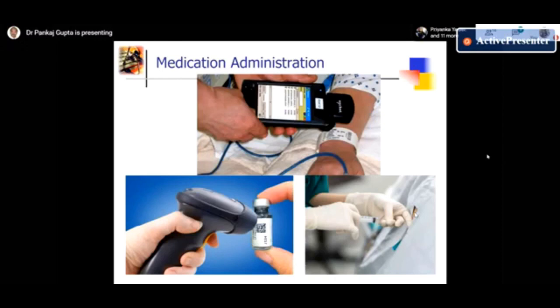If any of these steps are not followed, there is a clear legal liability fixed on the person who administered the drug. So as a result, you're pretty much eliminating all the errors that could have happened from the stage of drug orders all the way to administration and beyond.